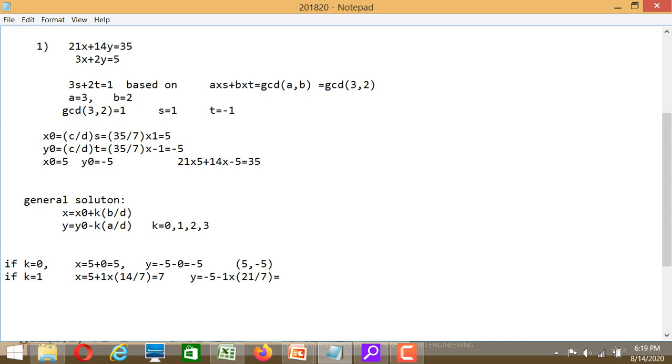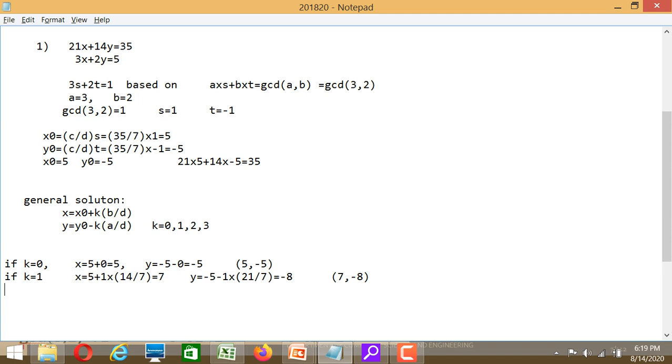So minus 5 minus 3 is equal to minus 8. So the second solution is 7 comma minus 8.